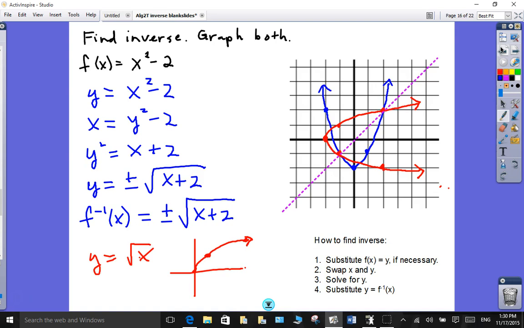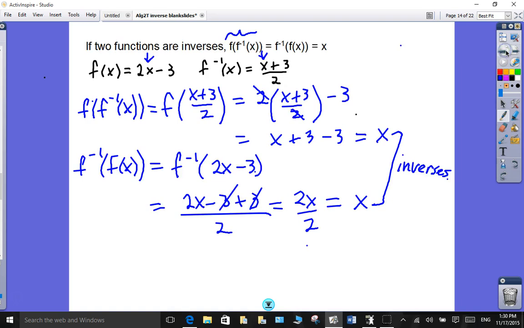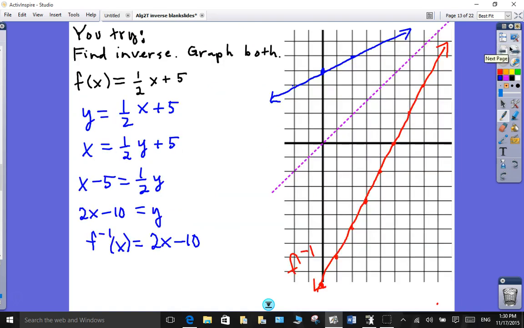That f of f minus 1 and f minus 1 of f equals x only works if both are functions, and they're not both functions. Okay, why did it work on the one before? Go back and look at the one that we did before. Look at the function graph. It's a straight line. Does it pass a vertical line test? Does this pass a vertical line test? Yeah, they're both functions, so it's going to work.